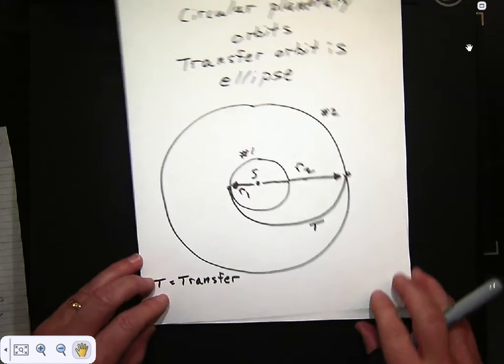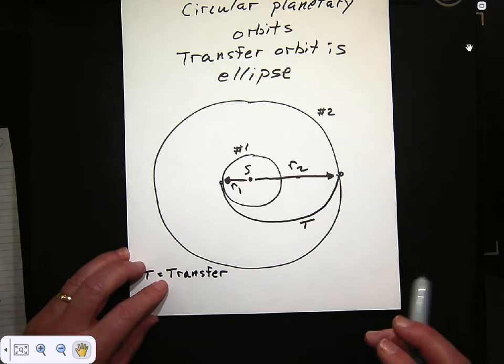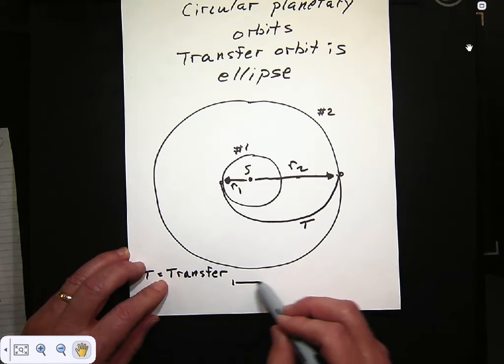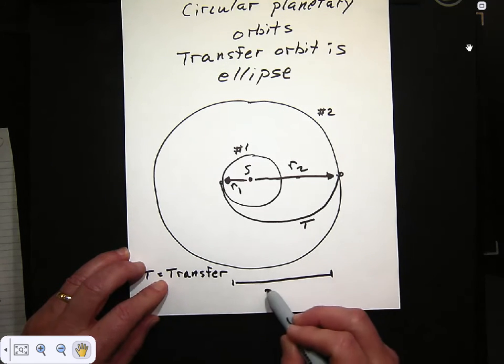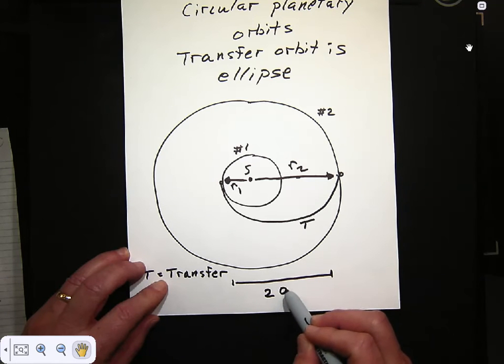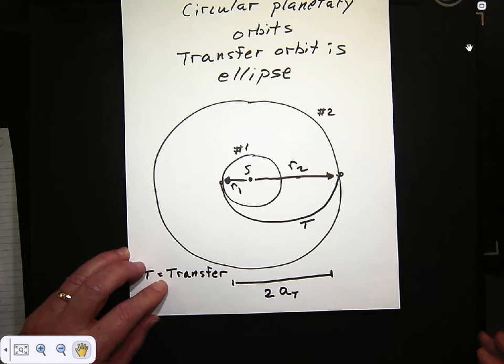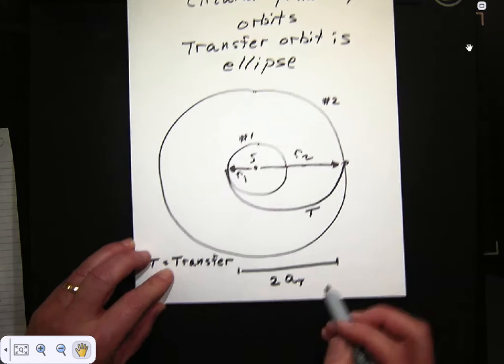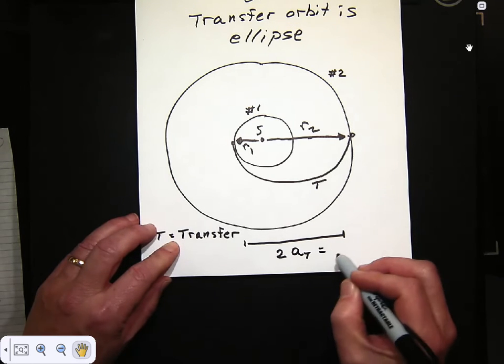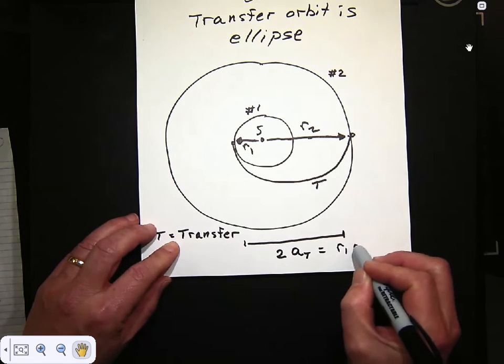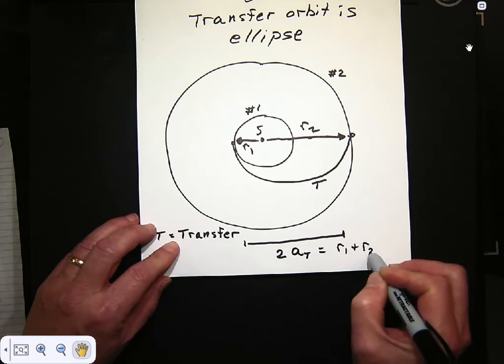Now we use the letter A for semi-major axis. So what that means is that this distance here is twice A_T for the semi-major axis of the transfer orbit. And that distance is equal to the sum of R1 plus R2.